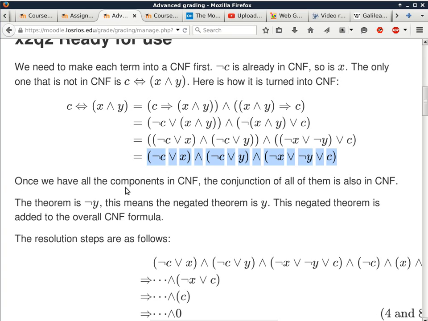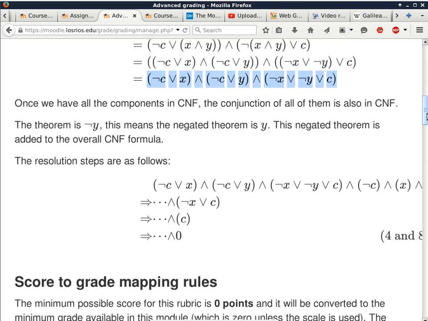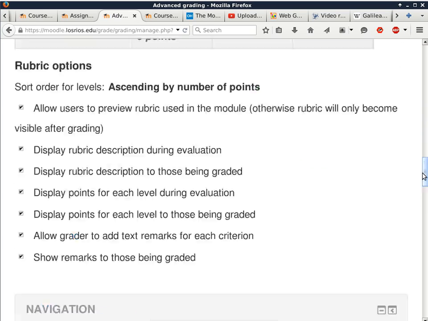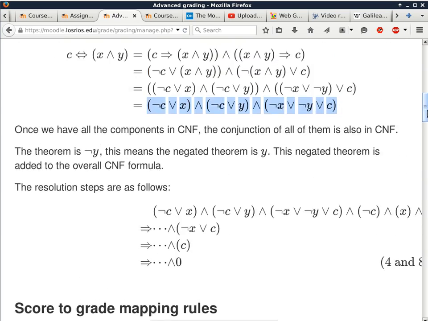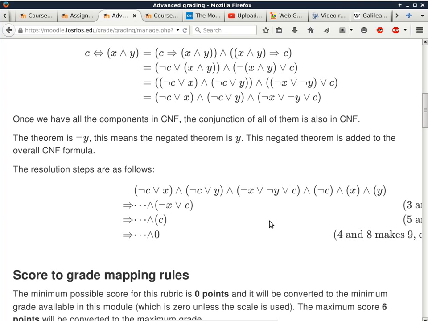Once we have all the components in CNF, the conjunction of all of these components would also be in CNF. In other words, I take all of these things and we combine them together, and I'm just trying to find the scroll bar so I can scroll it to the other side. Apparently, I cannot do it. Okay, so that's fine. So I take the first one, I take not C as a component, I take X as a component.